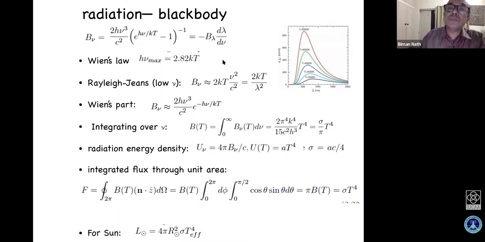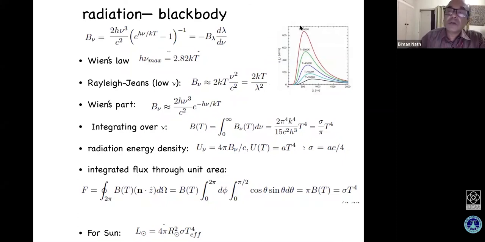But then you'll have to do the corresponding change from d nu to d lambda, and you can do that because they are related. Now, the examples of black body radiation spectrum at different temperatures are shown on the right, and you are all aware of that.